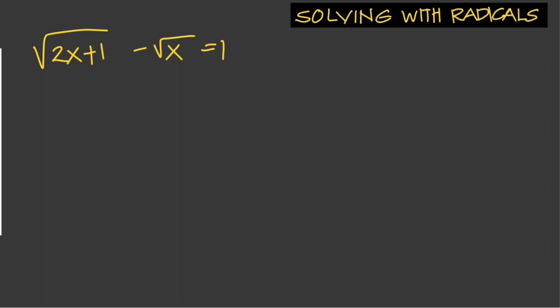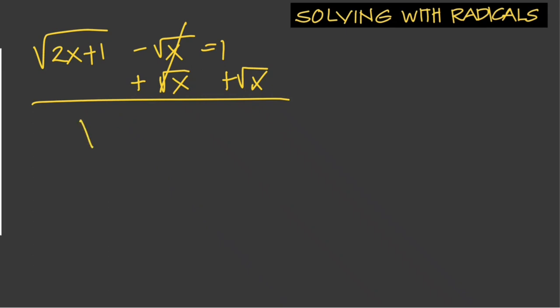We isolate the first root. Okay, we can add square root of x to both sides here. This cancels out, so we are left with square root of 2x plus 1 equals 1 plus square root of x. And now we can square both sides.